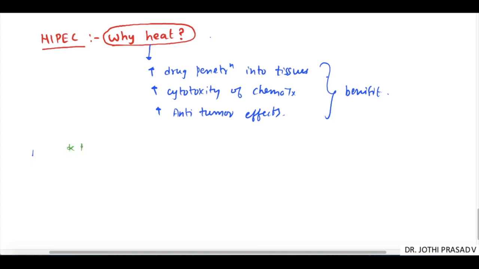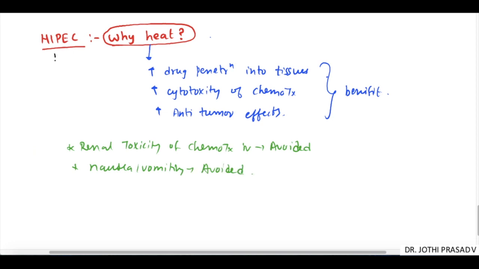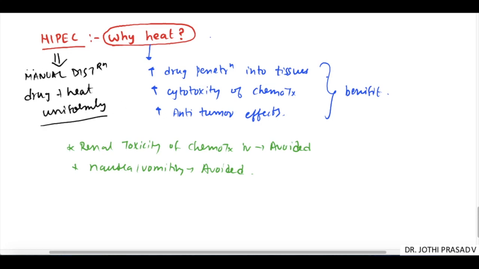Certain other benefits are that the renal toxicity of chemotherapeutic drugs given IV is avoided, and nausea and vomiting is avoided. Also, during the intra-op chemotherapy, there is manual distribution of drug and heat uniformly to all surfaces of the abdomen and pelvis, which is a major advantage.